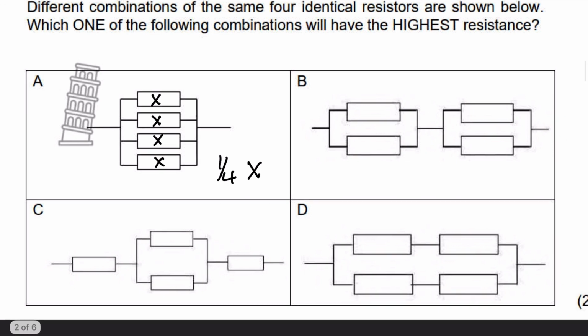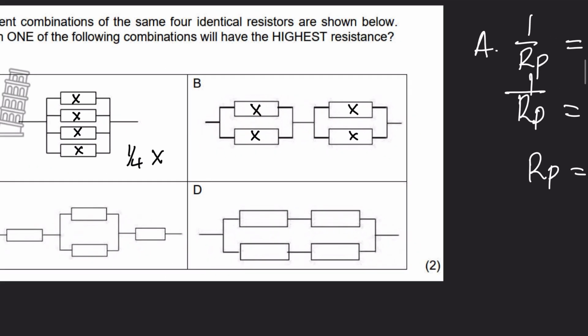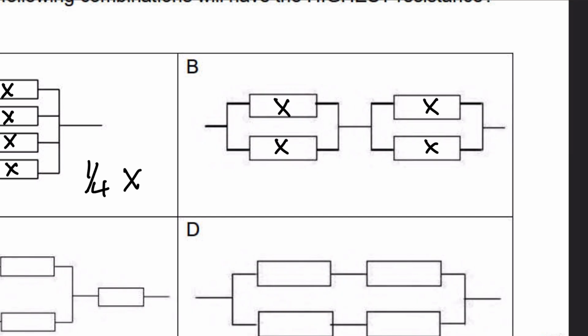Okay, let's do B. So let's call each one x. Here we can say 1 over R parallel is going to equal 1 over x plus 1 over x, so R parallel will equal x over 2.